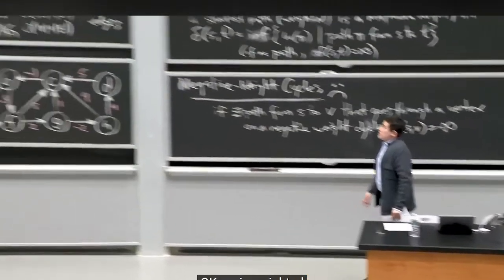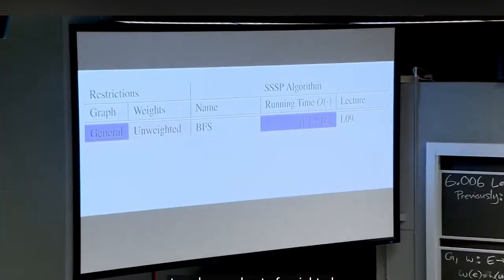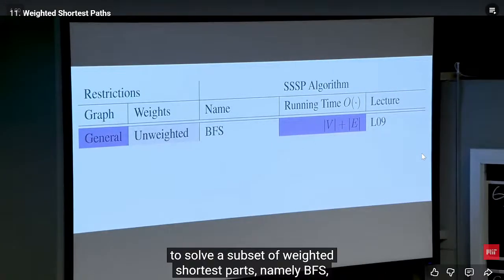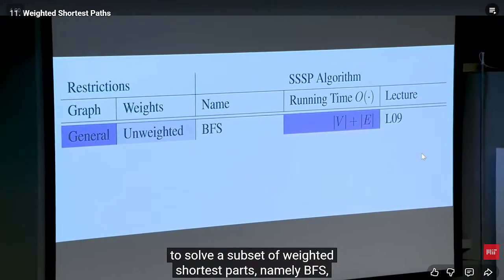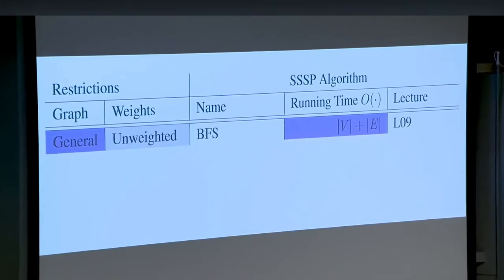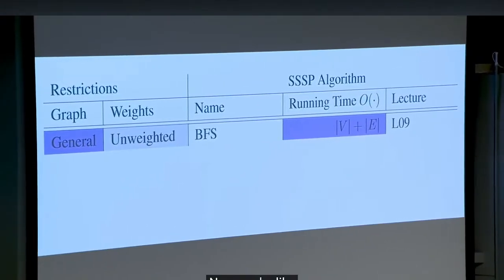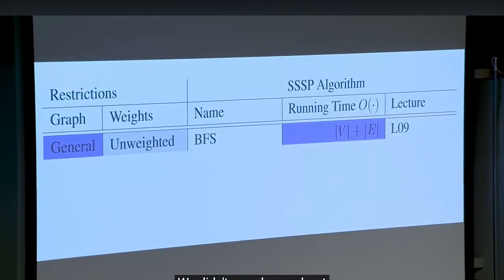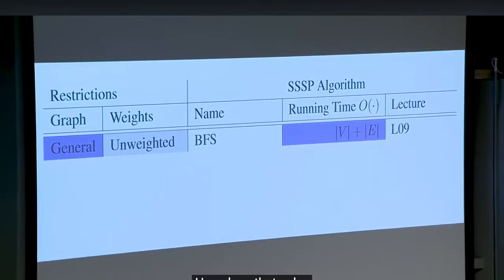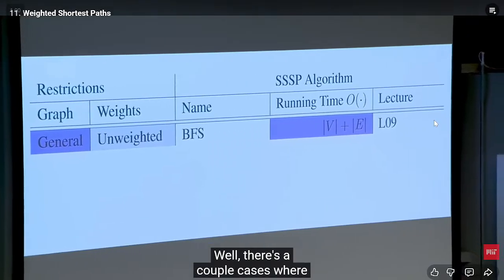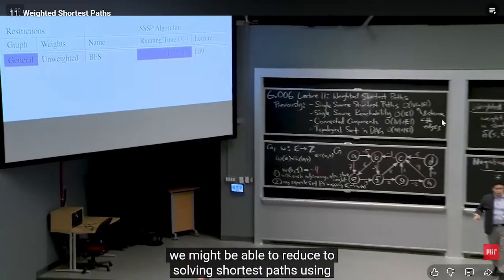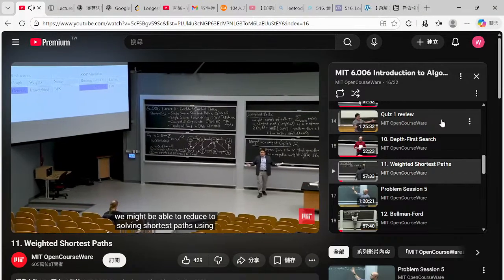Okay, so in weighted shortest paths, we actually know an algorithm already to solve a subset of weighted shortest paths, namely BFS, right? Now, you're like, wait, Jason, BFS doesn't solve weighted shortest paths. We didn't even know about weighted graphs then, right? How does that solve weighted shortest paths? Well, there's a couple cases where we might be able to reduce to solving shortest paths using BFS.